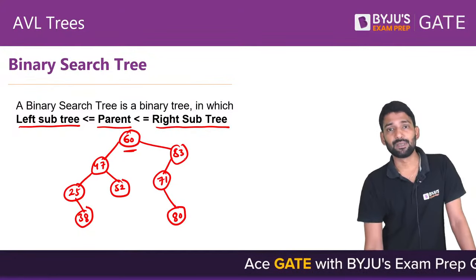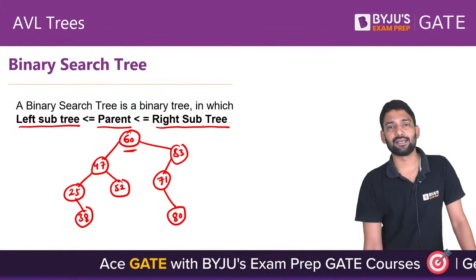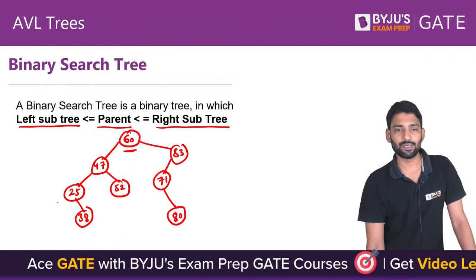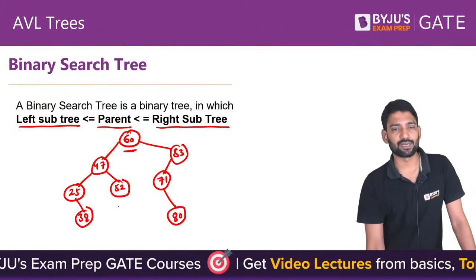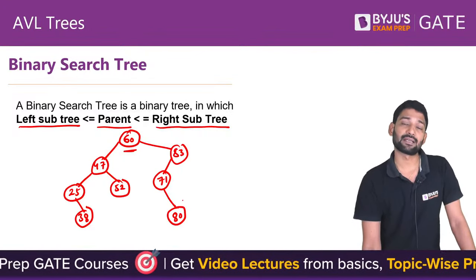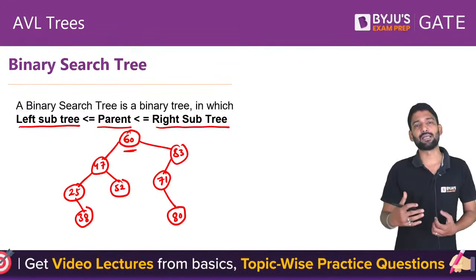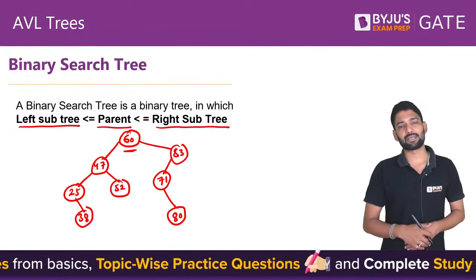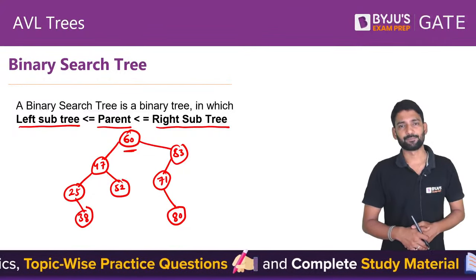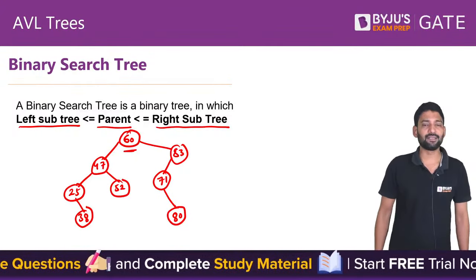And at 83 also, left of 83 are less than 83. Similarly, 25's right is greater than 25, 71's right is greater than 80. So at every level, left is smaller than parent, smaller than right. Yes, it is satisfied. So this is called a binary search tree.